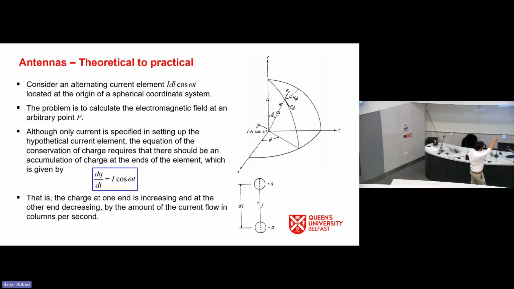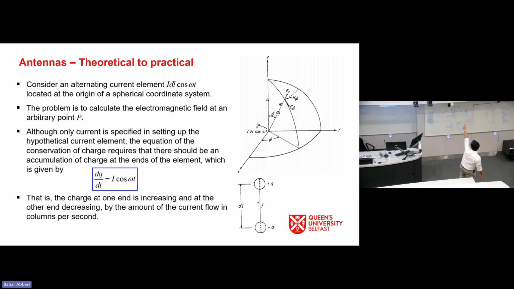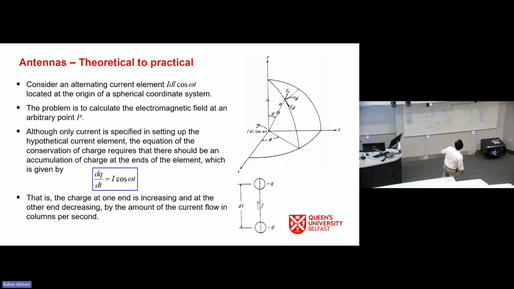Okay. So on the right side, you have a diagram in which you have this I dl cos omega t, a simple dipole at the center of a Cartesian coordinate system. We have phi here, theta here. It's a simple spherical coordinate system.